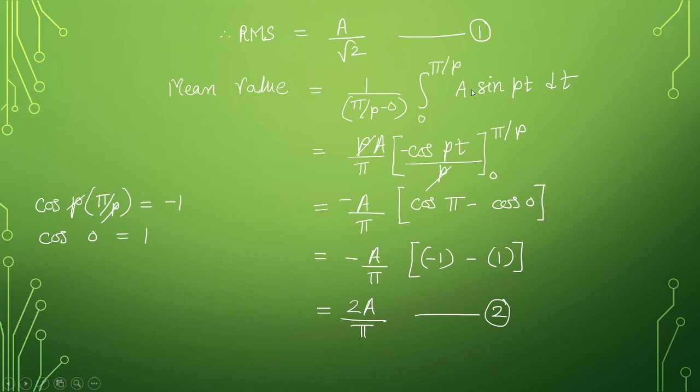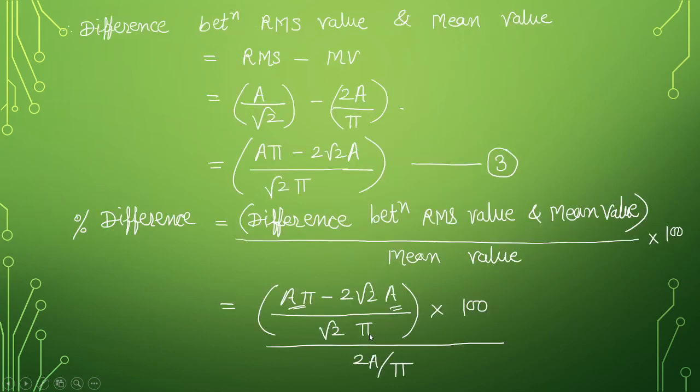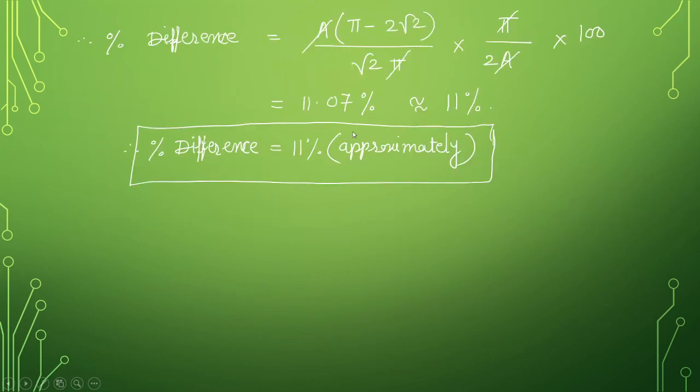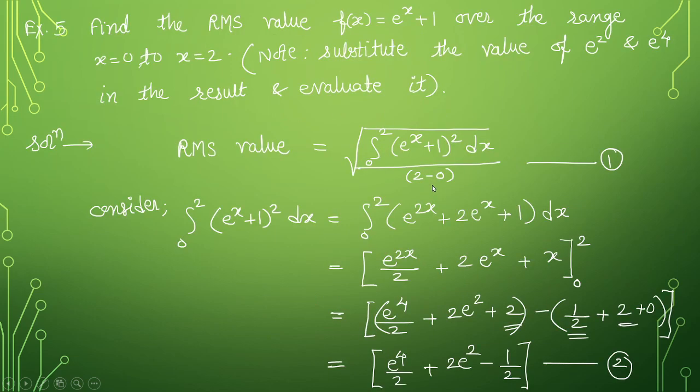This is the second step. Integrate the terms, substitute the upper and lower limits, we get the value 2a by pi. Then the difference between the RMS and mean value, then the percentage difference. Therefore, apply this formula, substitute the values, simplify the terms. Its value is near 11.07, which is approximately 11%.